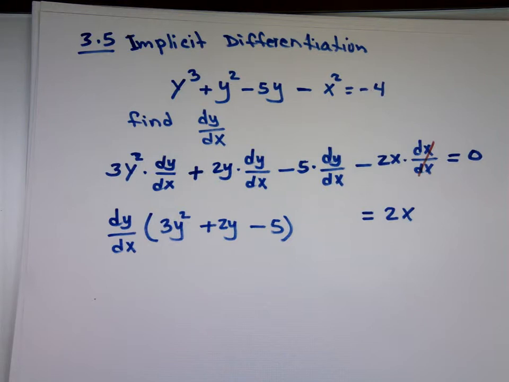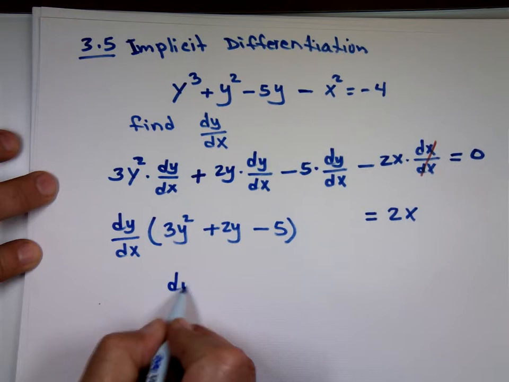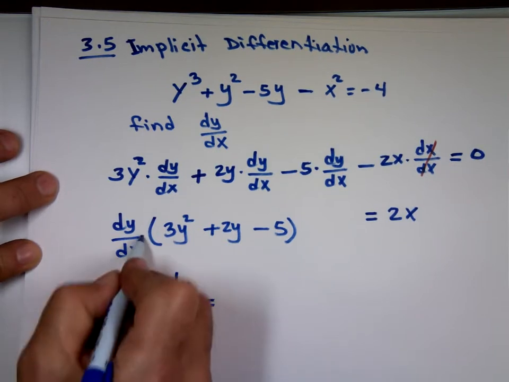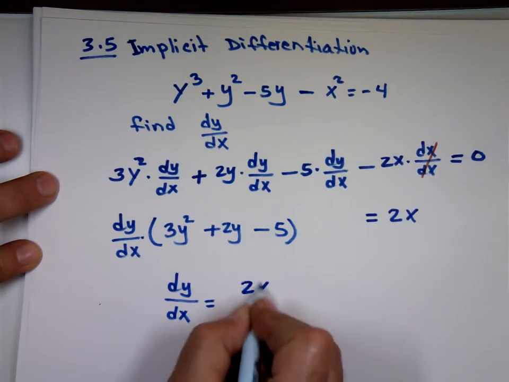Can we now solve for dy dx? This is a multiplication. What's the opposite of multiplication? Division.